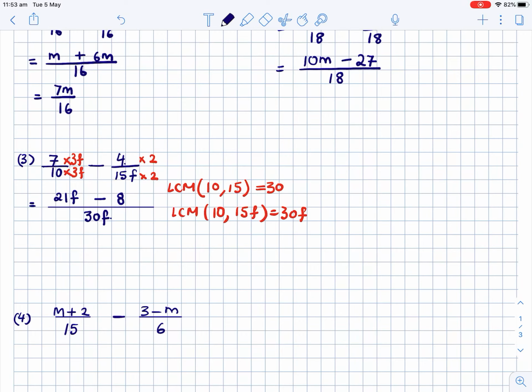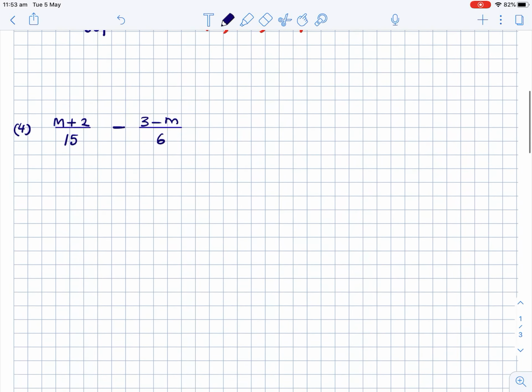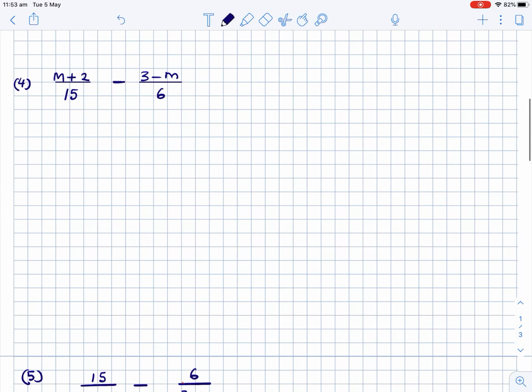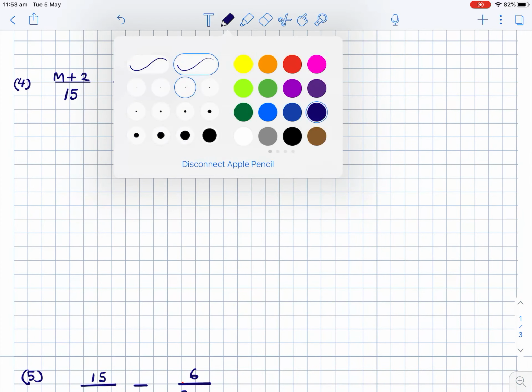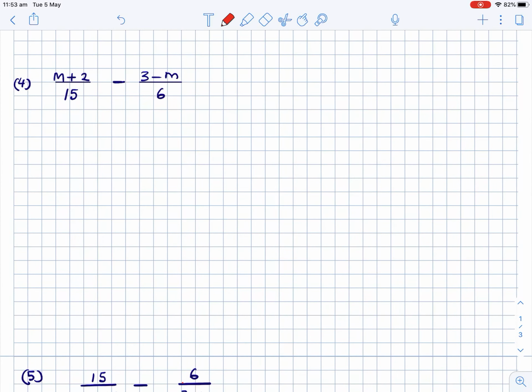Now 21f and 8 are unlike terms, and also there is nothing common between them, so it cannot be simplified further. In question 4, we have algebraic expressions in the numerators of these fractions. We start with the same process.